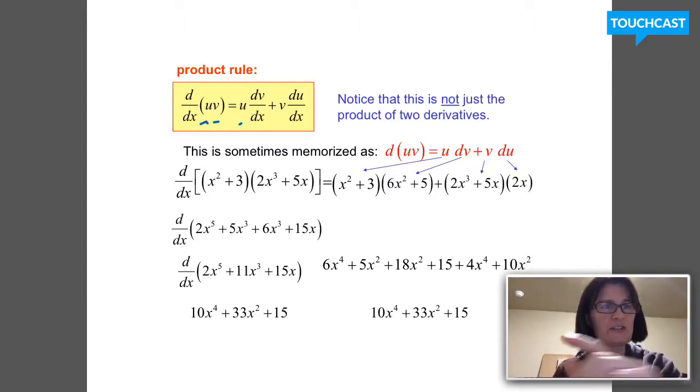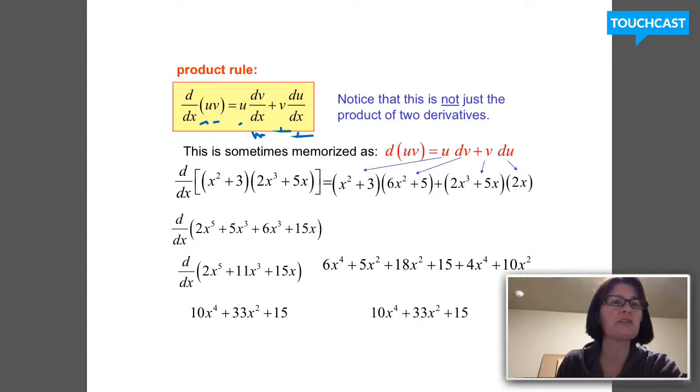Just copy the first function exactly, multiply by the derivative of the second, and then add that result to the second function multiplied by the derivative of the first. So some people in their mind say first times the derivative of the second plus second times derivative of the first. Or you can see what I've written here. If you think of the two functions getting multiplied together as u and v, then the derivative of uv is u dv plus v du.